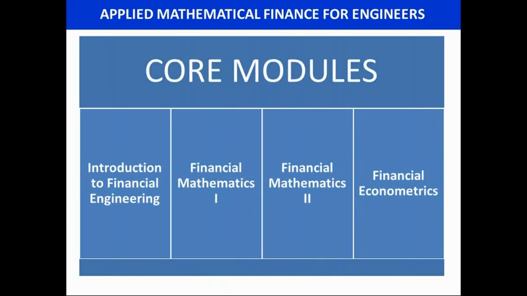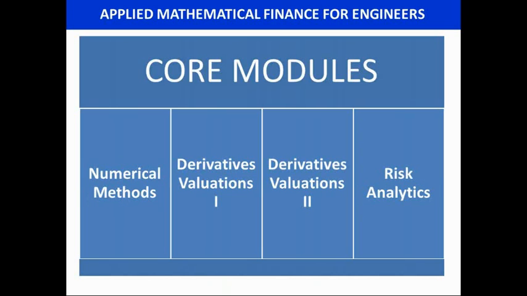Then we come to the core modules. The core modules consist of Introduction to Financial Engineering, Financial Mathematics Part 1, Financial Mathematics Part 2, Financial Econometrics, and Numerical Methods. We have now divided the derivatives valuation into 2 modules, derivatives valuation 1 and derivatives valuation 2, and risk analytics. So basically 8 core modules.